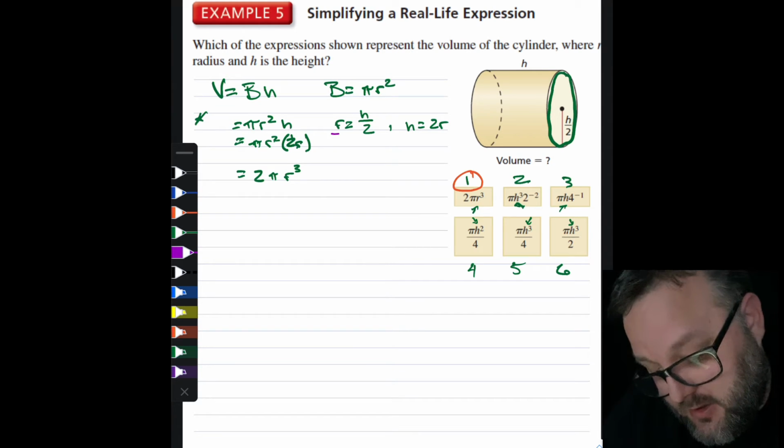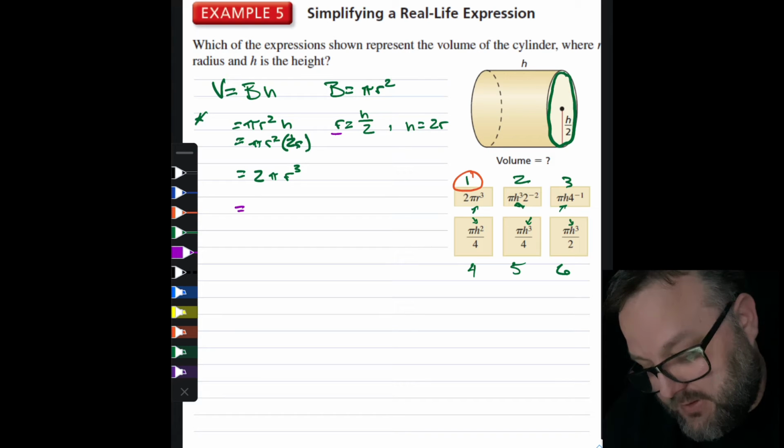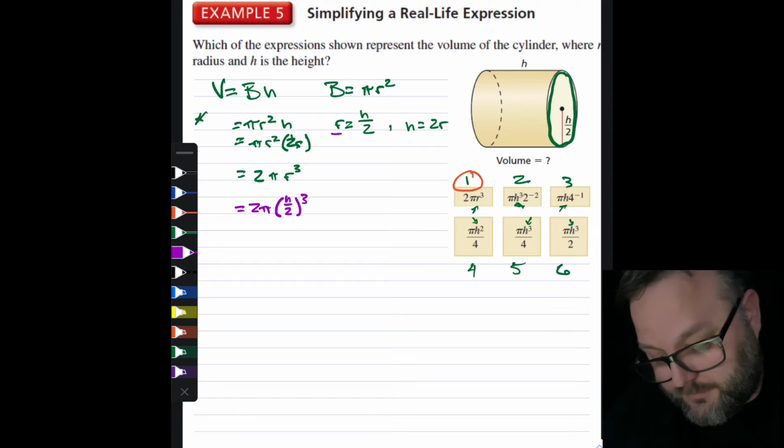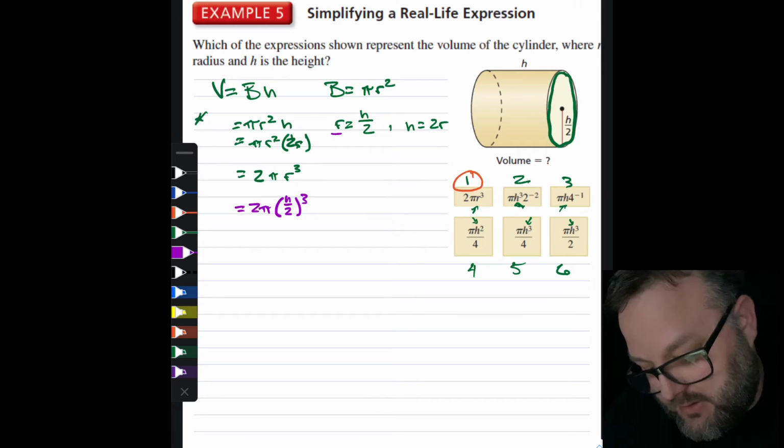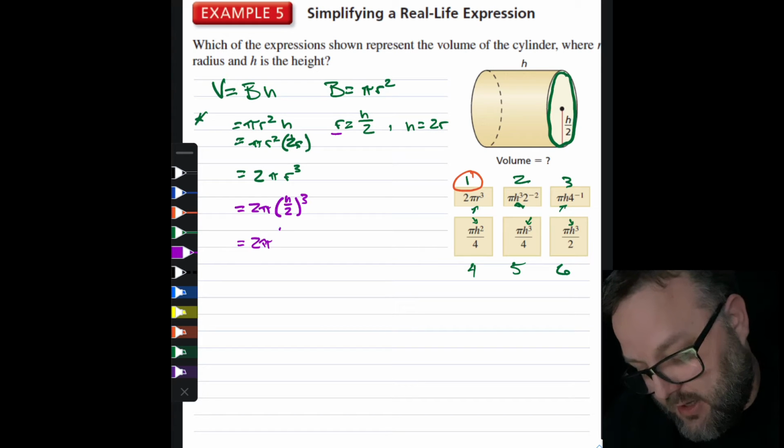So I need to look here and say, okay, well, this is the same thing as 2 times pi h over 2 to the third, which is the same thing as 2 pi times h.